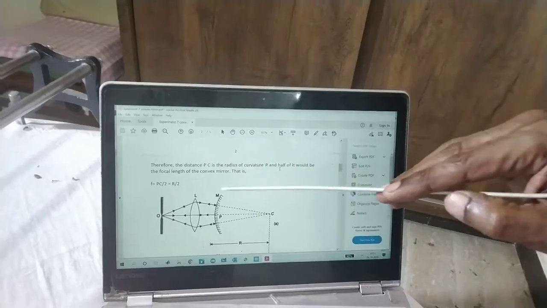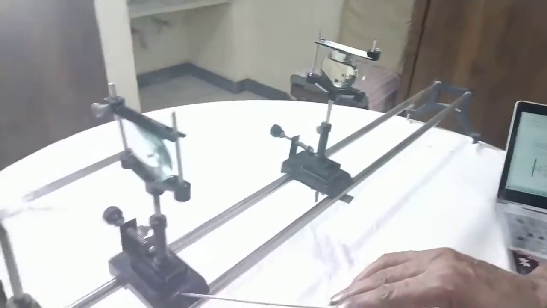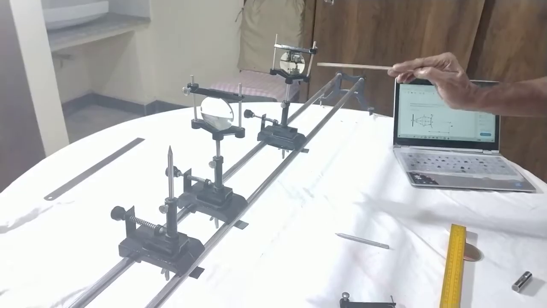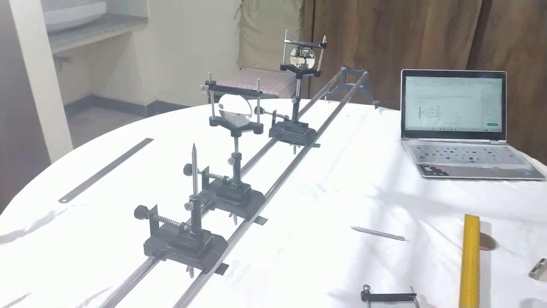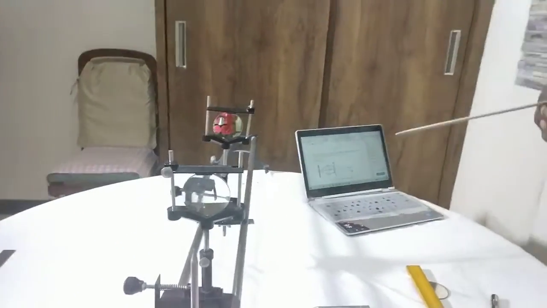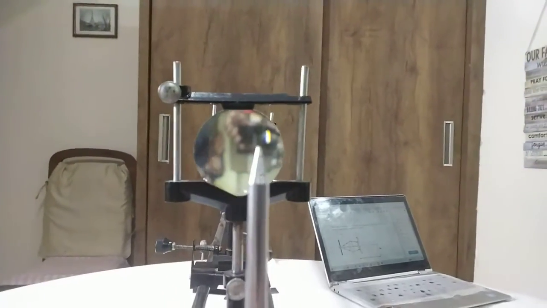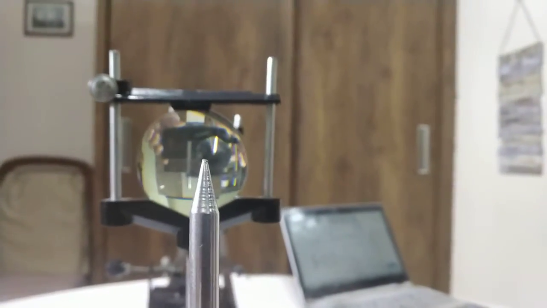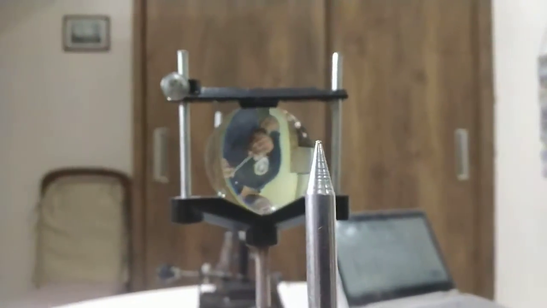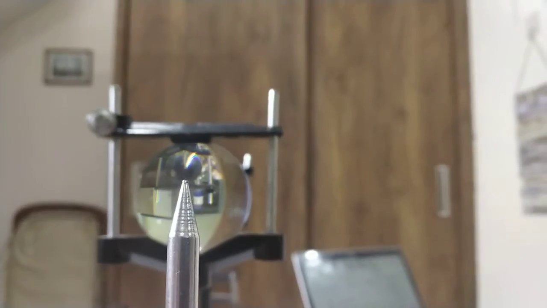So the first step is to adjust the distance between the lens and the convex mirror and see from here whether the image is formed here or not. Now if you look from this side, you will find that the image of this object P is formed at the same location. You have to ensure that you see from 25 centimeter and that there is no parallax. So you have to move your head left and right such that the image is exactly at P.